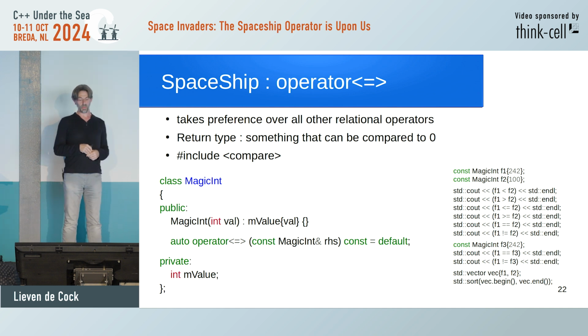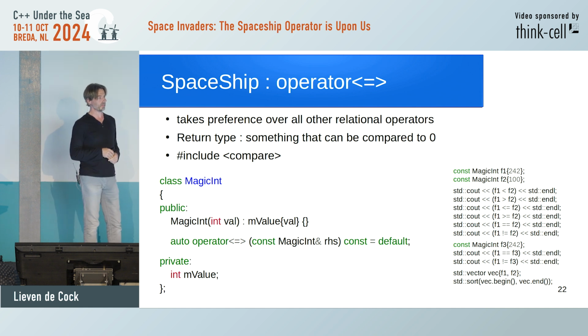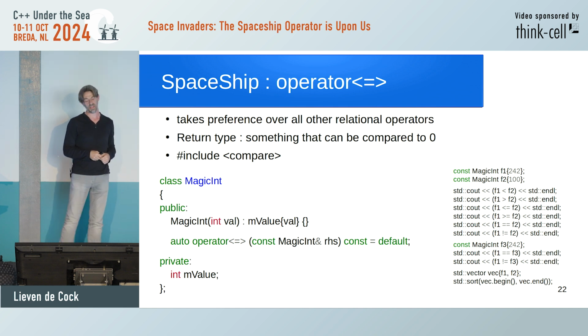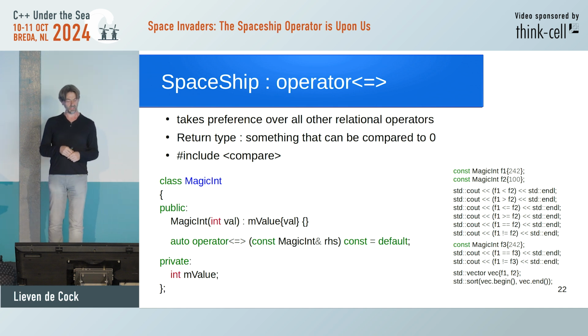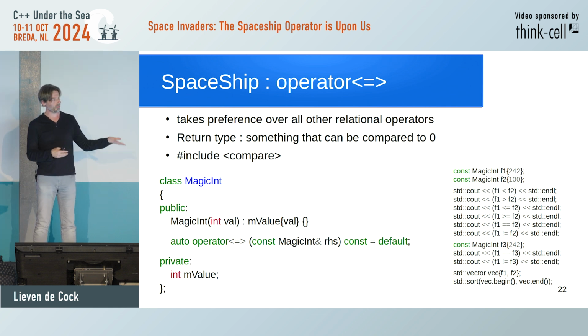So let's try to apply that to our magic int. If you want to implement a spaceship operator or have it default implemented, we need to include the compare header. So for our magic int, we say, all right, spaceship operator, first argument const ref to the type. It's a const method. Return type, for now we couldn't care less.